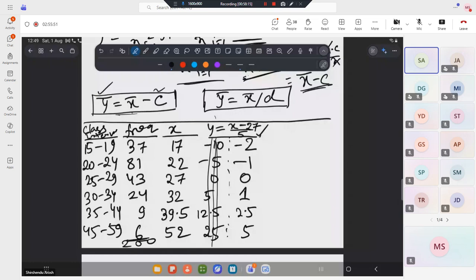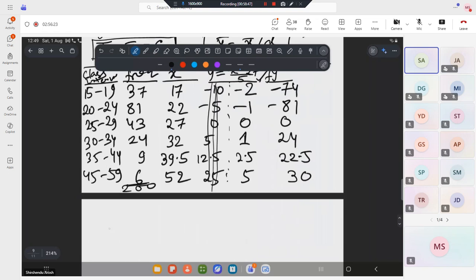Now I can multiply fi into yi. So minus 2 multiplied by 37, this way. I have to find, of course, minus 74, minus 81, 0, 1. This is 24, this is 22.5, this is 30. Okay? So I got fi into yi. So what do I need?